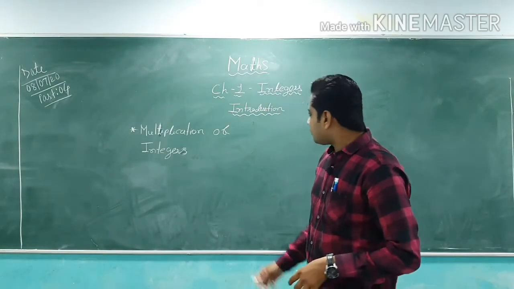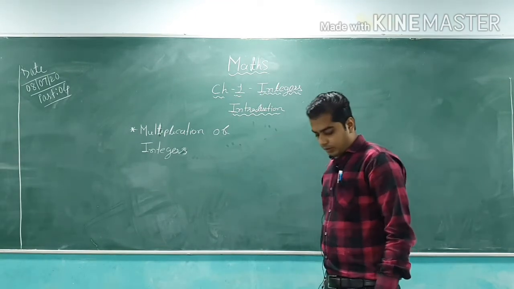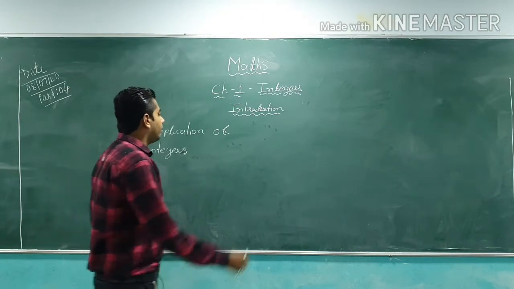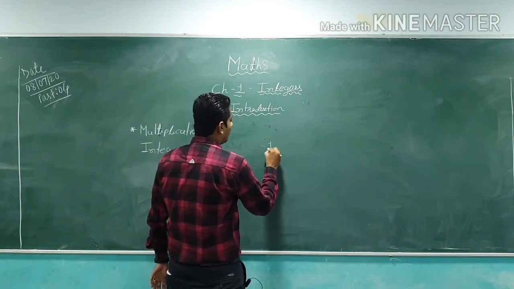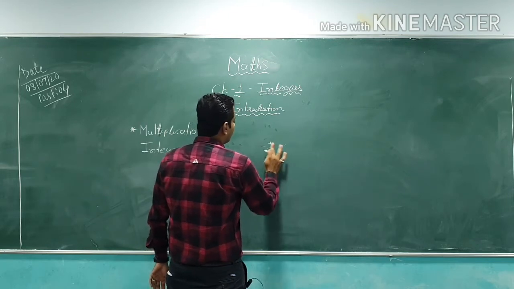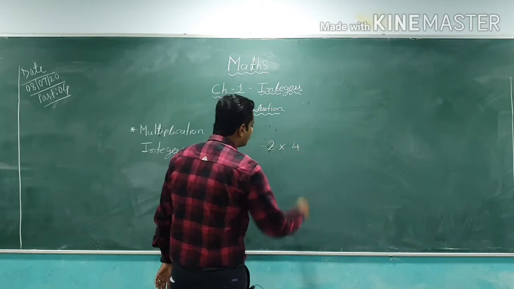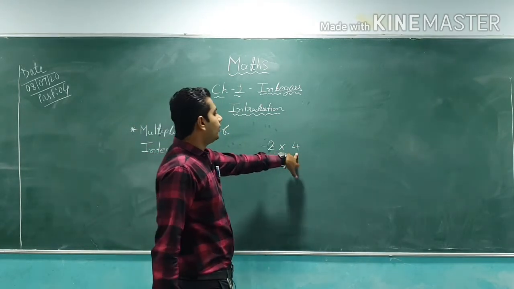So now move on to our next topic, which is multiplication. So what is multiplication in integers? Let's take one example. If you take any integers, suppose -2 multiply 4. So here we have two integers, one is a positive integer, another one is a negative integer.